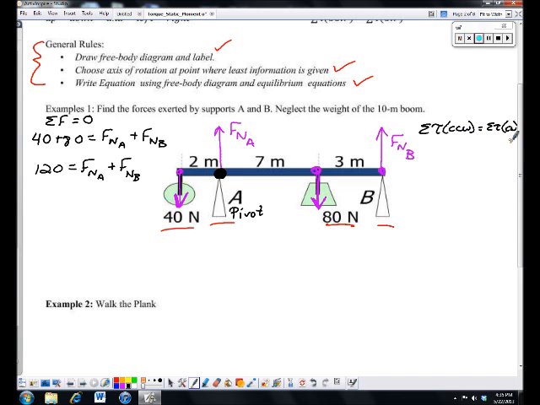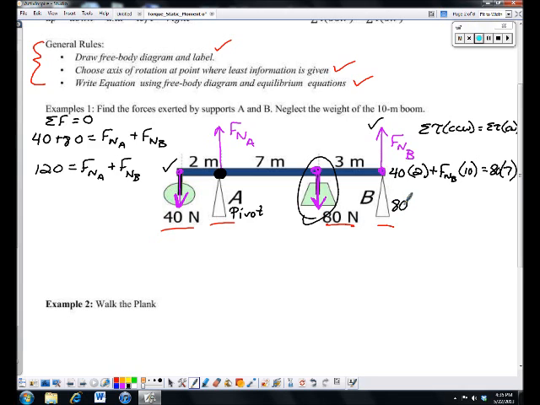My first torque pulling counterclockwise is the 40 newton force, pushing at 2 meters. Then FNB is also pushing counterclockwise, and I don't know what it is, times its radius of 10 meters. That's my only other counterclockwise. This guy is going clockwise, so he is 80 newtons of force times 7 meters.